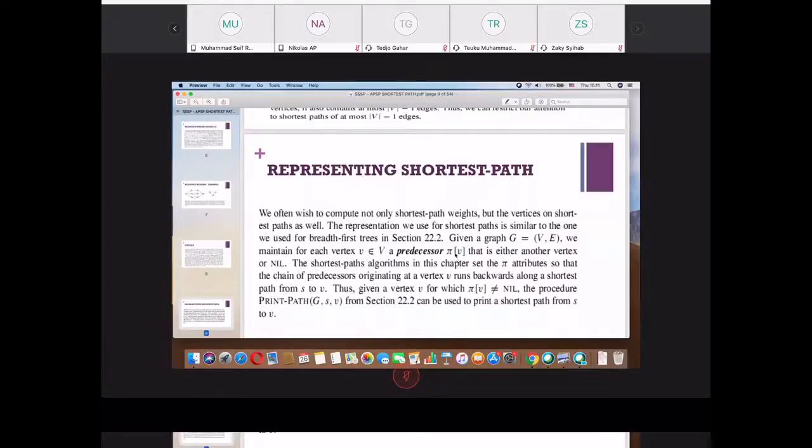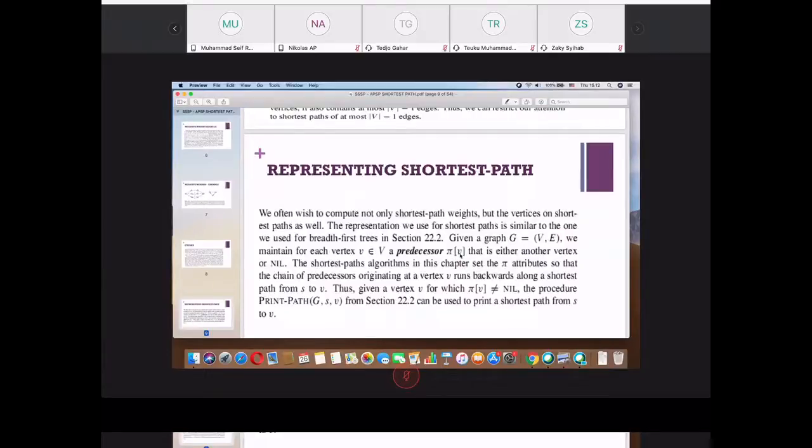This is a different notation than previously in BFS, but I captured it from the previous edition of the text.